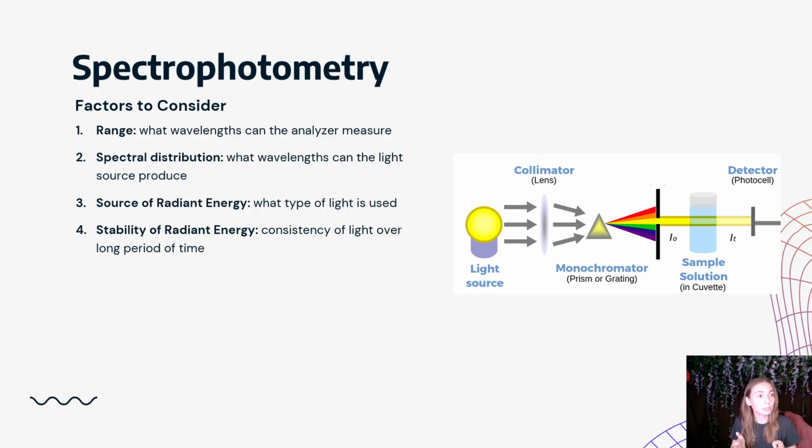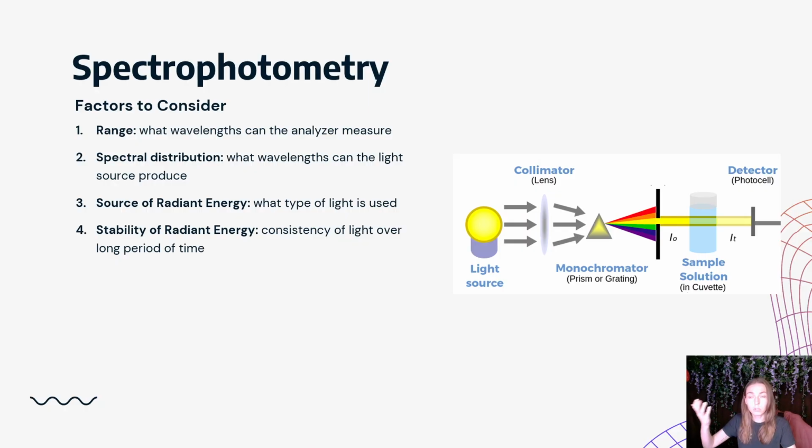What range of visible light is your tungsten lamp producing? Is it producing from 465 nanometers up to 555? Is it producing from 460 nanometers all the way up to 630? What amount of visible light that we can see is this tungsten lamp able to produce? And if it's a deuterium lamp, it's the same thing. What range of UV light can your deuterium lamp show?